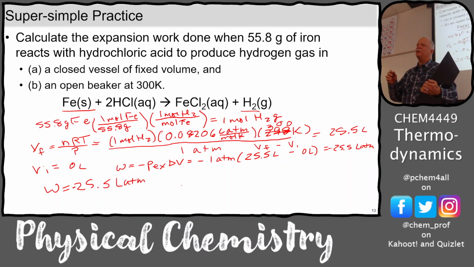But you can also use two constants that you have committed to memory. What are the two gas law constants that you have in your head? R. Now, what are the two units of R? One is what I just used here, 0.08206 liter atmospheres per mole Kelvin. What's the other one? We used it in the previous portion of the class all the time.